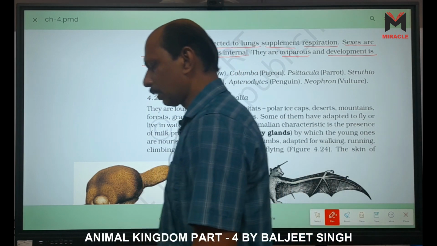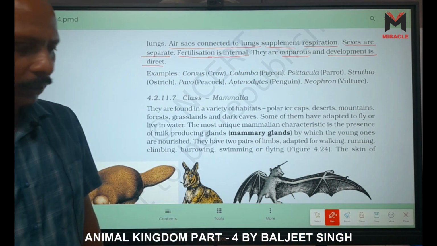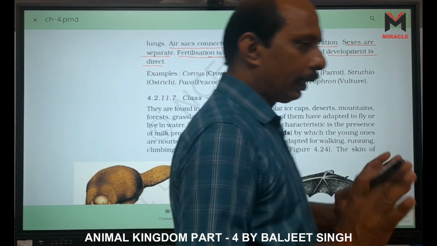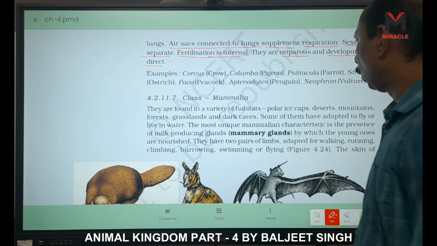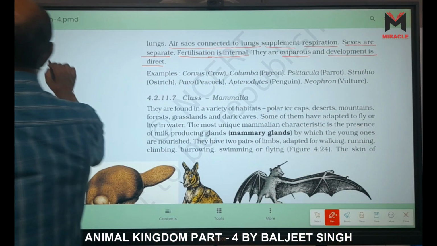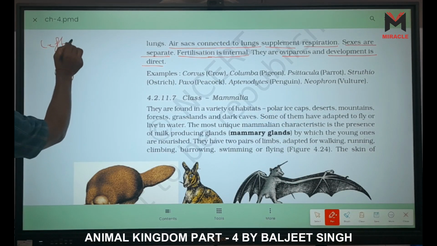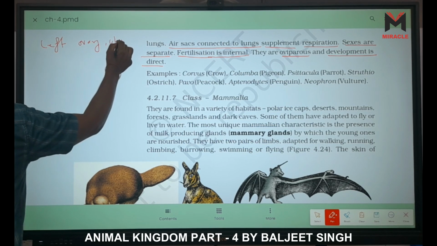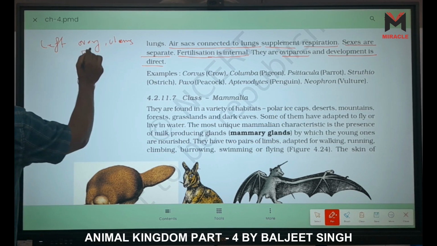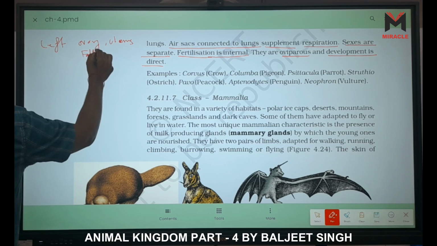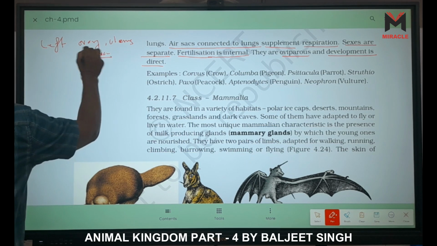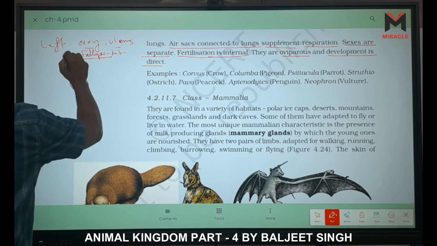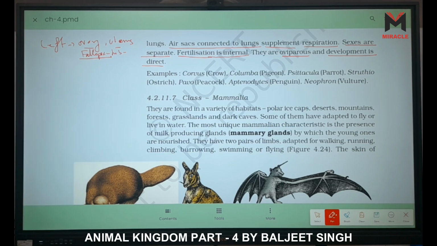Some other structures are also modified, because aves are adapted for flight. To decrease their weight, only the left ovary, uterus and fallopian tube are functional.